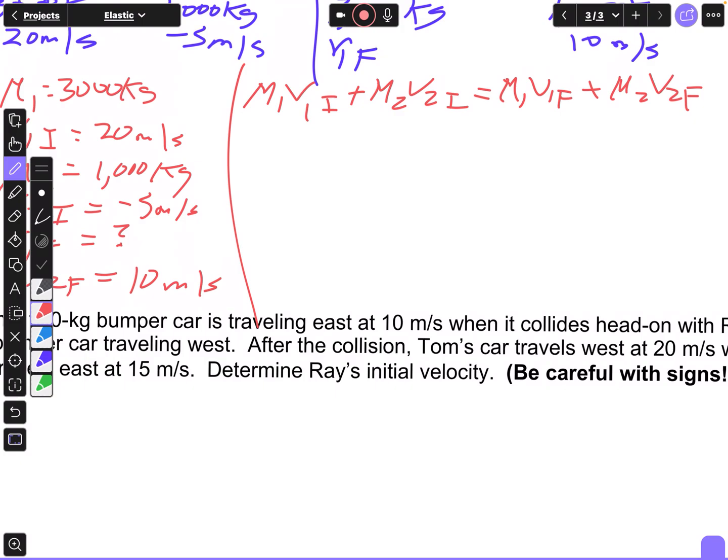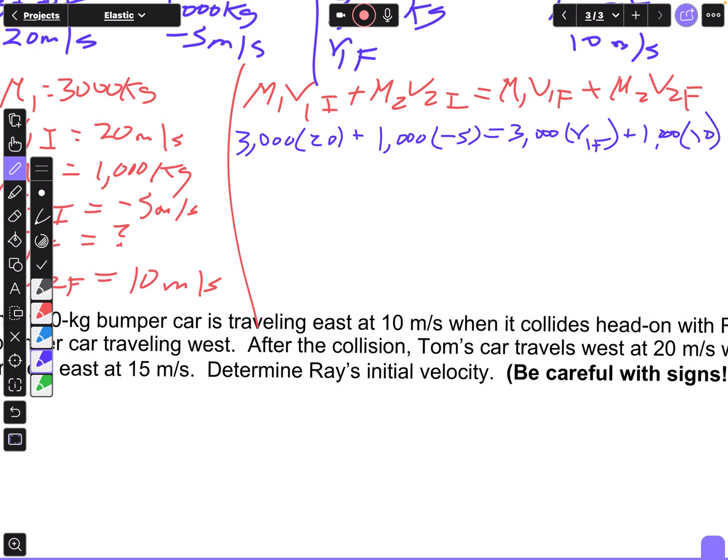My first object is 3,000 times V1I, which is 20, plus M2, which is 1,000, times V2I, which is negative 5, equals M1, 3,000, times V1F, which is my unknown, plus M2, 1,000, times V2F, which is positive 10.